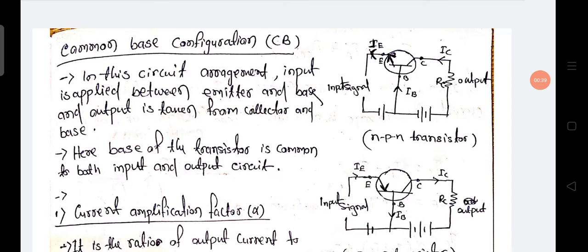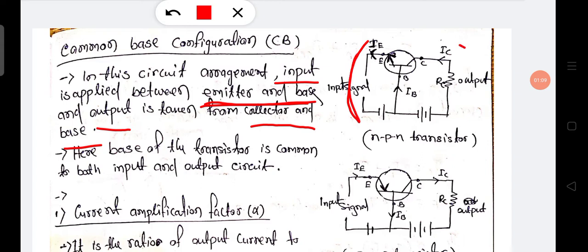Okay, now let us see what happens in common base configuration and what we mean by common base configuration. In this circuit arrangement, input is applied between emitter and base, and output is taken from collector and base. This is input, this is output.